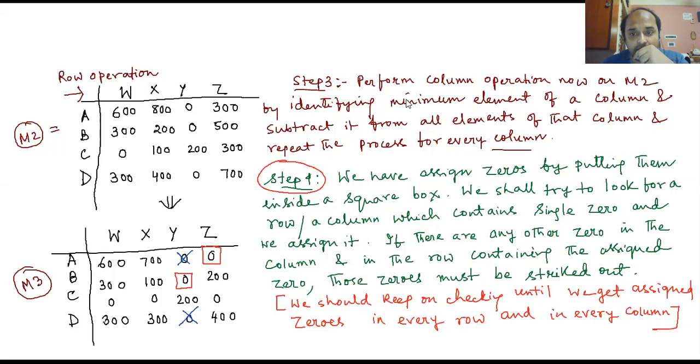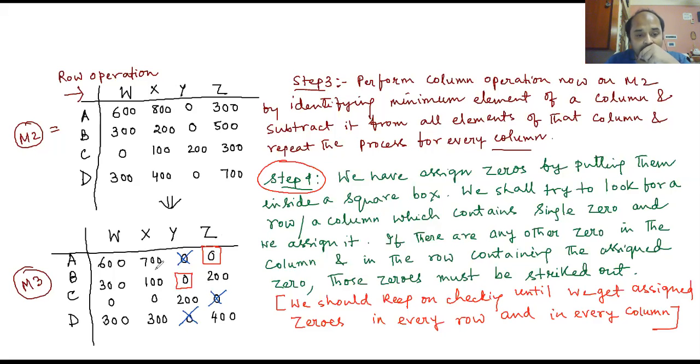But this assigned zero is being contained by this column also, and this column has another zero in it. So I'm going to strike it out. I'm going to strike this particular zero also. So we have got 2 assignments, but we have to keep on checking further because there are still zeros in the matrix which have not been assigned.